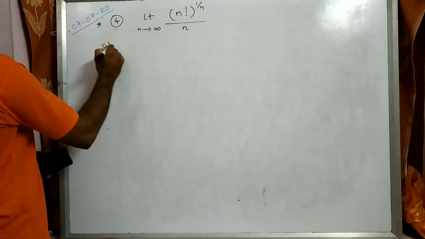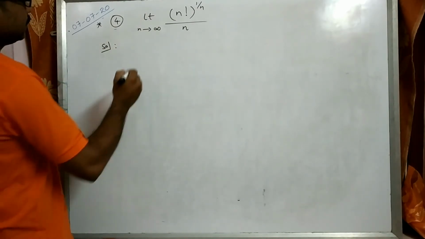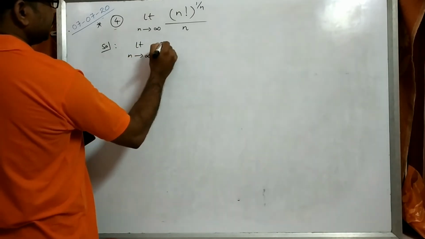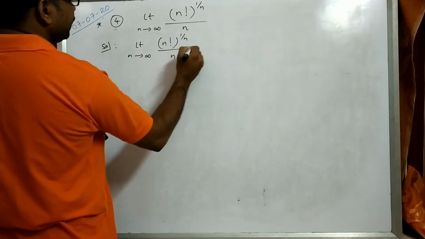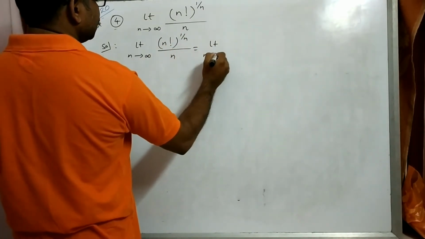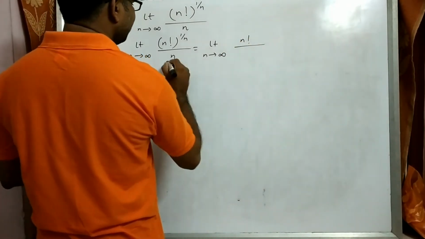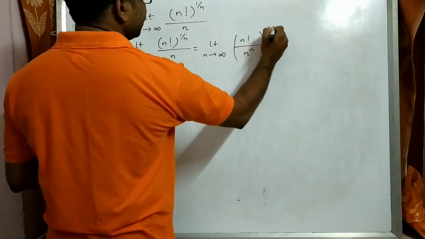I will take this as limit n tends to infinity, n factorial whole power 1 by n. This can be written as limit n tends to infinity n factorial by n power n, whole power 1 by n.